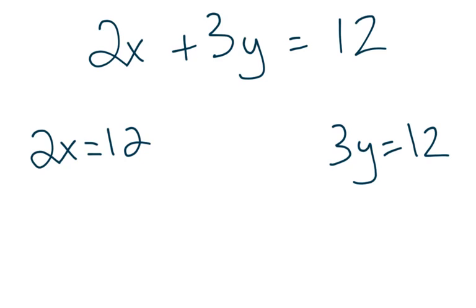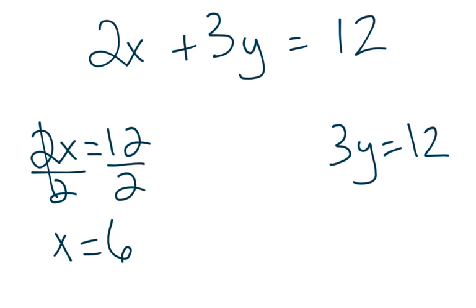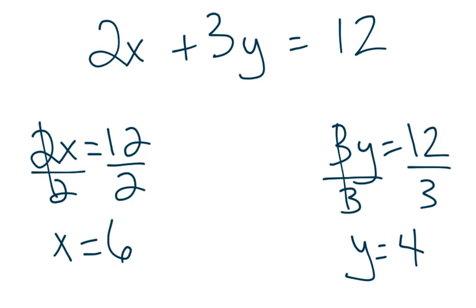Well, x is being multiplied by 2, so we're going to divide by 2 on both sides, and we get that x equals 6. On the right-hand side, we got 3y equals 12. Well, y is being multiplied by 3, so we're going to divide by 3 on both sides. And we've solved now for x, and we've solved for y.